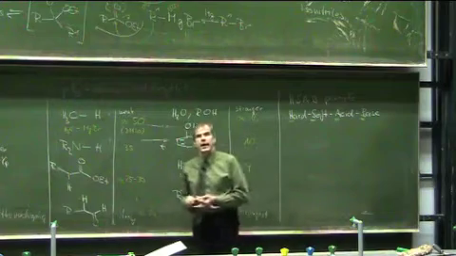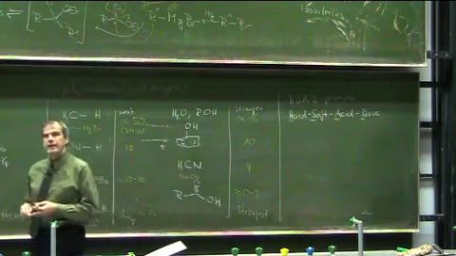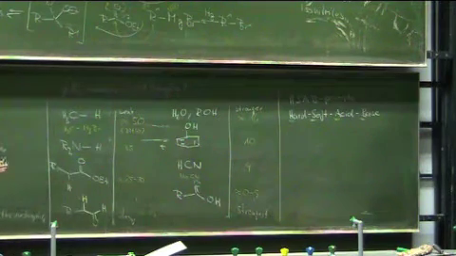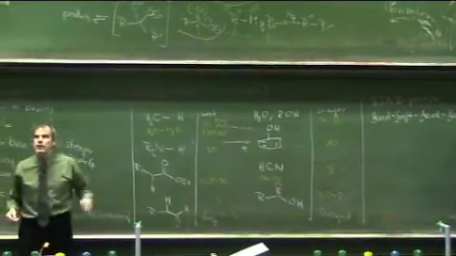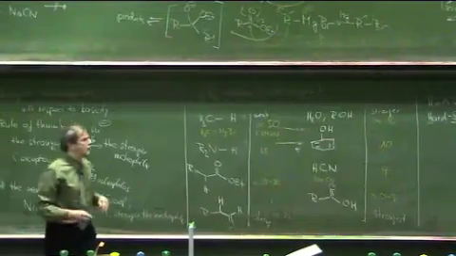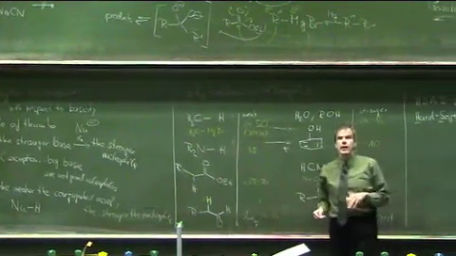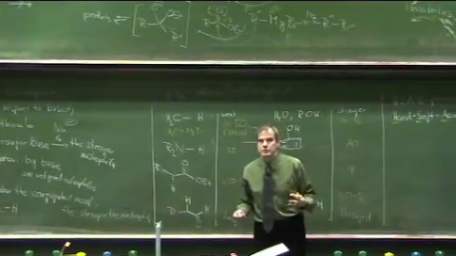And what it does is it classifies acids and bases not by the strength measured based on the pKa. What it does is it measures it by something you have to define, by something hard and soft.